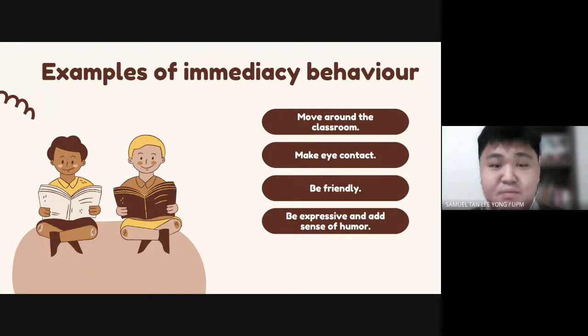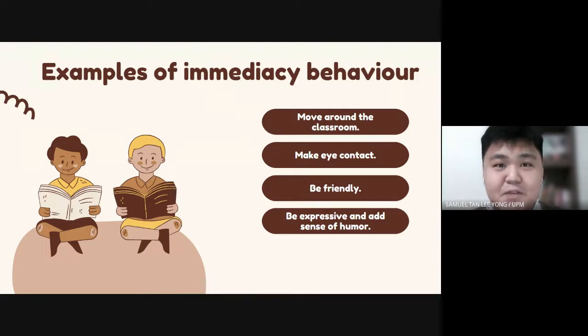And lastly, be expressive and add a sense of humor. Expressive means that you have hand gestures going on, and you have, I would say, exaggerated facial expressions, and add a sense of humor so that they can be interested in the content that you teach.